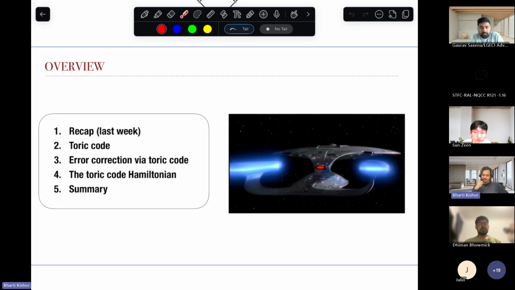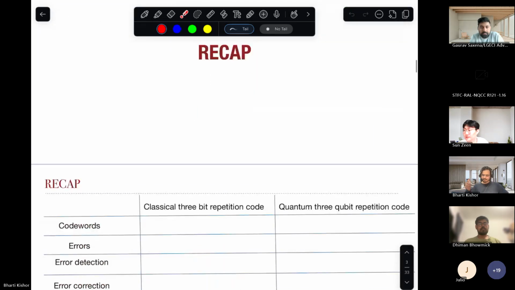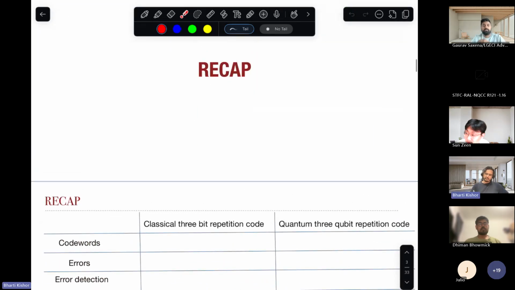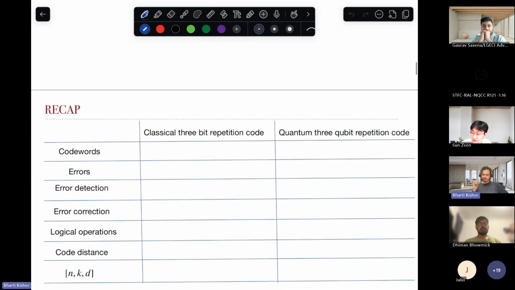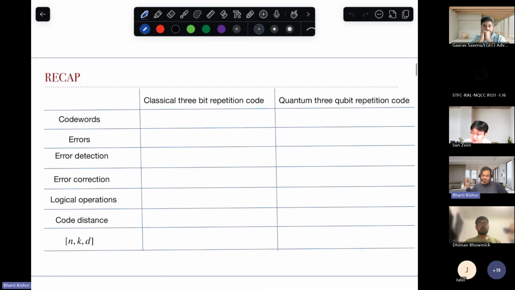Without even talking about topology, some of the insights you can already see. So let's just recap from last week, in case people already forgot.